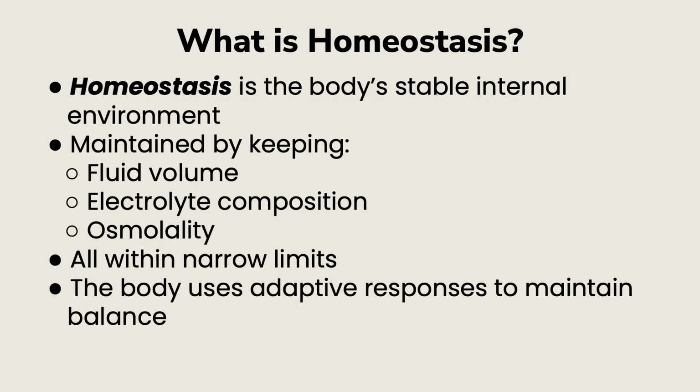Let's talk about homeostasis. What is homeostasis? Homeostasis basically refers to the body's ability to maintain a stable internal environment despite changes occurring both outside and inside the body. I mean, we can't always expect everything around us or inside us to stay stable, right? But homeostasis is basically our body's ability to maintain it that way.